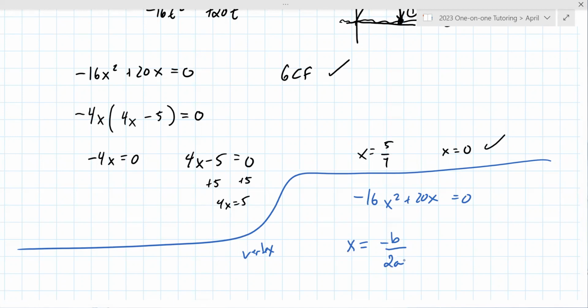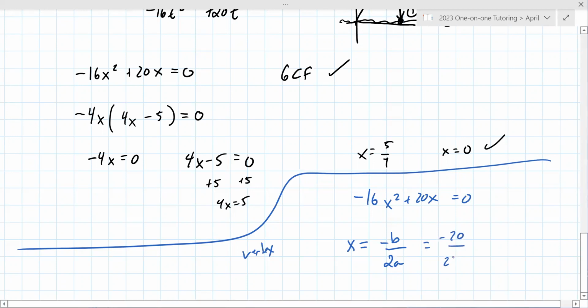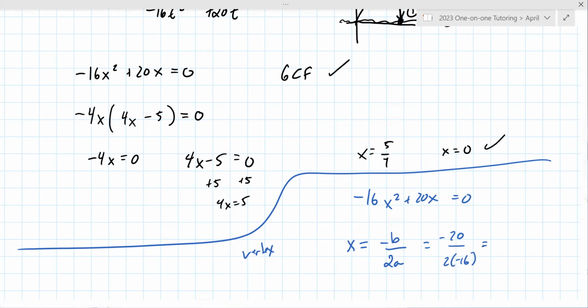What would that be here? 20 over 36, 32. So B is 20, so it's negative 20 up top, and then 2 times negative 16 on the bottom. Oh yeah, it'd be negative 32.